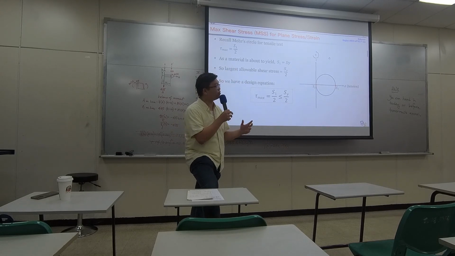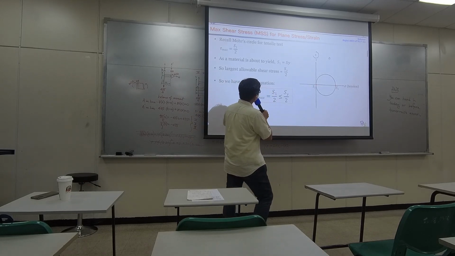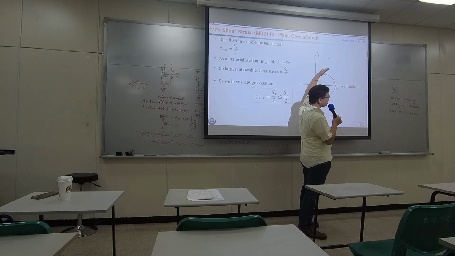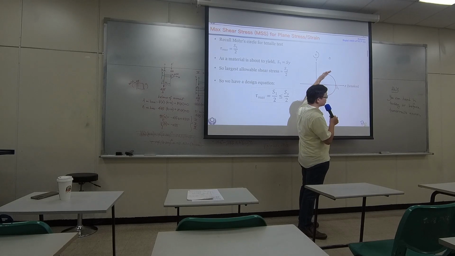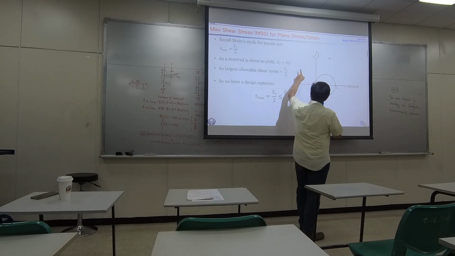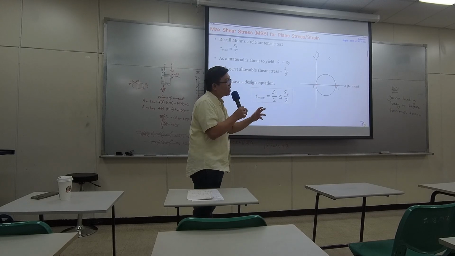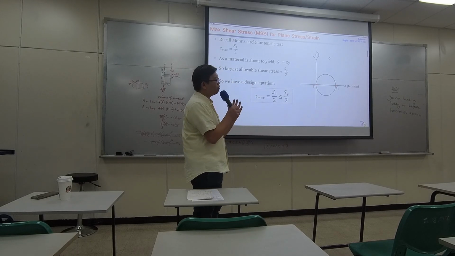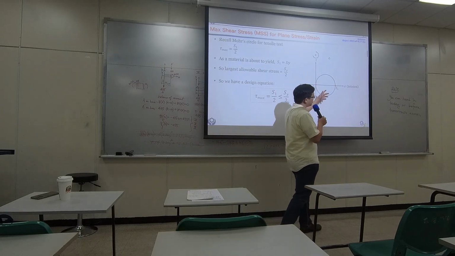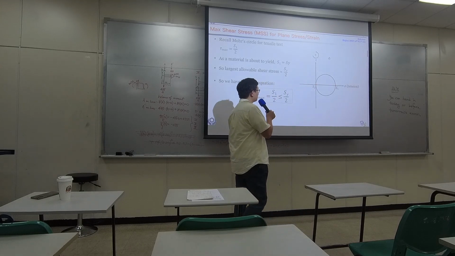You cannot go further. At that particular moment, what's the maximum shear stress? That's basically the radius. At that moment, the radius was half of S1, or half of the yield strength. So we say this material can only take a maximum shear stress up to half of the yield strength.